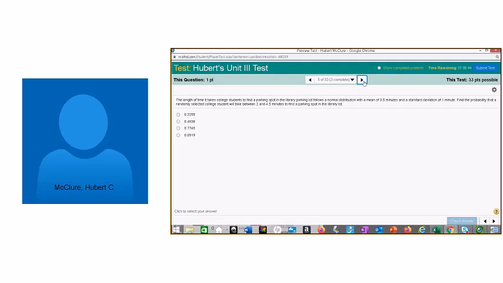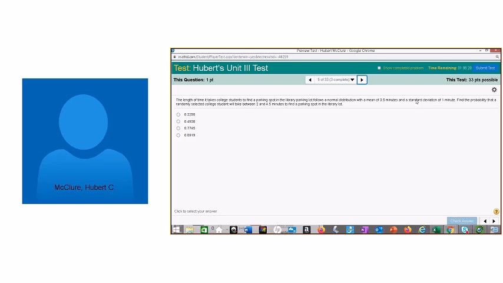The length of time it takes college students to find a parking spot in the library parking lot follows a normal distribution with a mean of 3.5 minutes and a standard deviation of 1 minute.